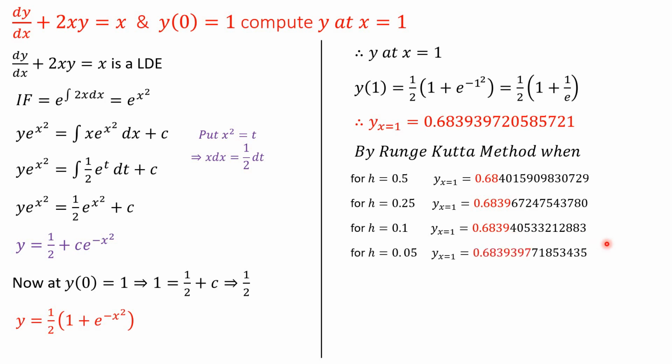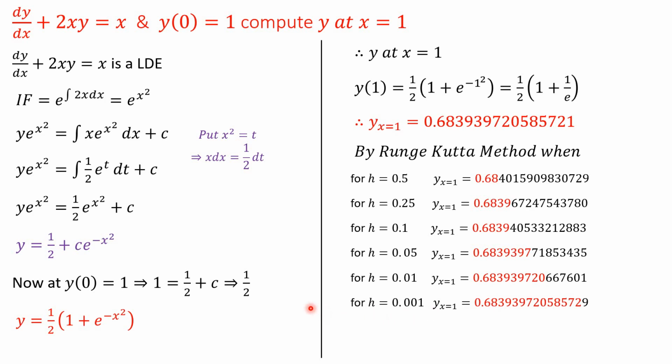For example, what if h is equal to 0.05? This will increase our iterations, but look at the accuracy of the answer. Now this is accurate up to how much? 3 and 3, 7 decimal places. If you take h is equal to 0.01, the answer is almost correct up to 9 decimal places.